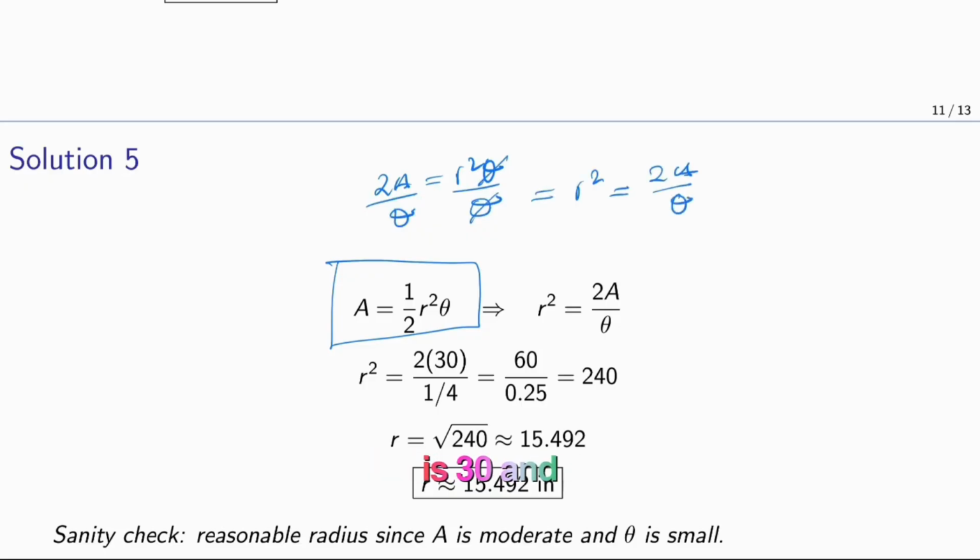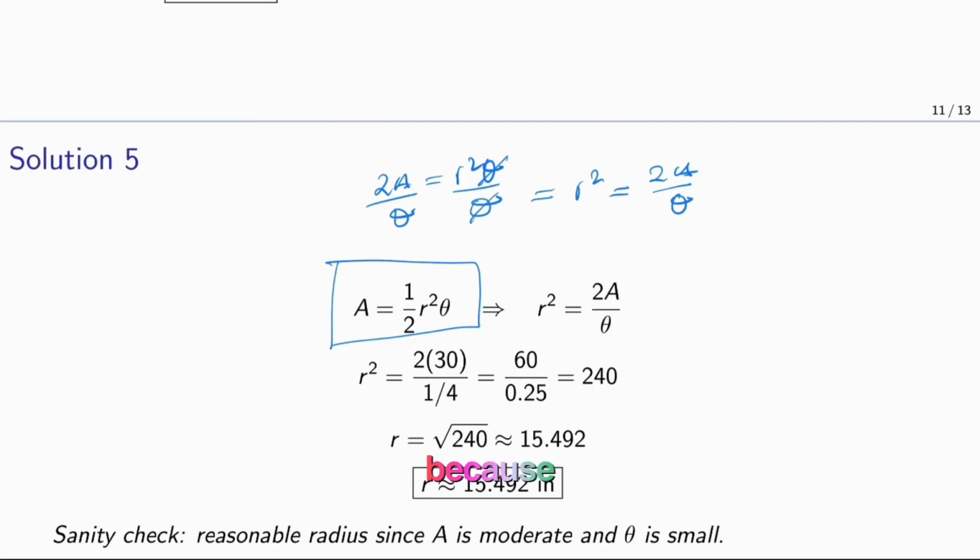A is 30 and theta is 1/4. So r squared equals 2 times 30 divided by 1/4. That's 60 divided by 0.25, which is equal to 240. But remember, here you have r squared, so now we take the square root. So r equals the square root of 240, which is about 15.492. So the final answer here is the radius is approximately 15.492 inches.